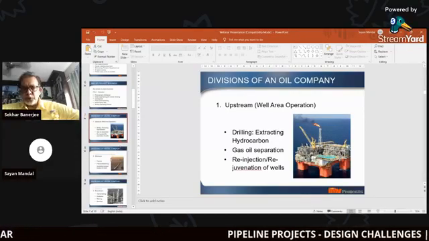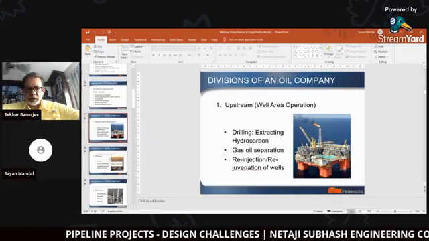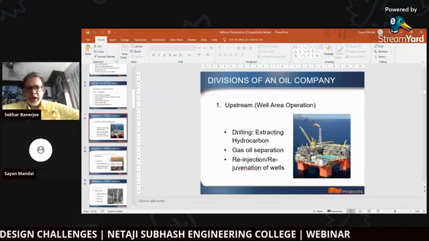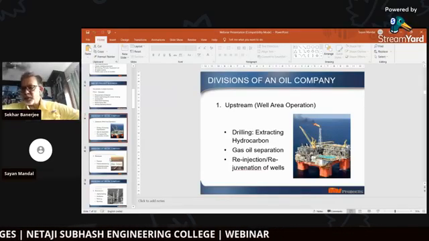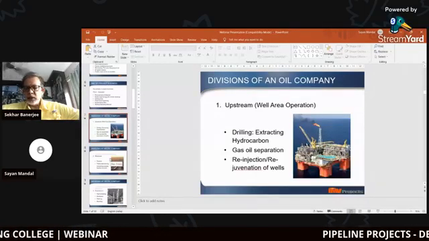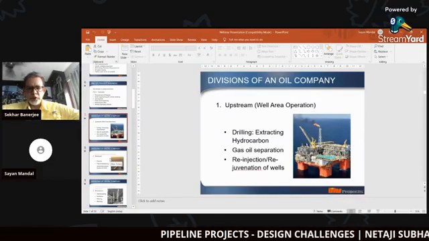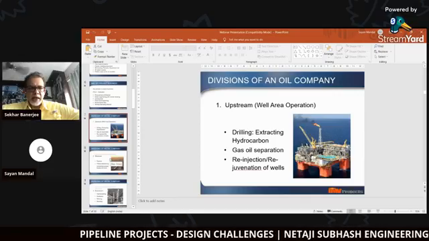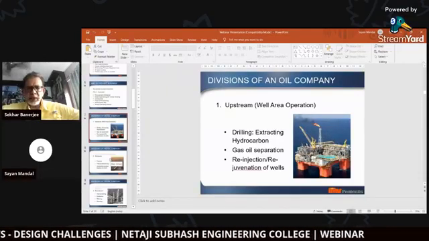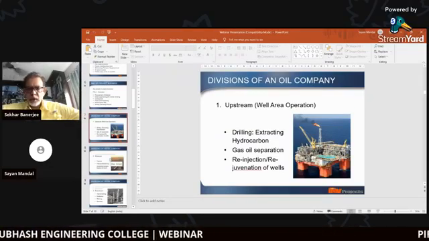Because the extracted fluid settles in there and is separated into three different phases. All the gases bubble out through the top and are taken out, transported through a compressor. Water and mud settle down at the bottom and are thrown out after a certain amount of treatment. And the crude oil stays in the middle.